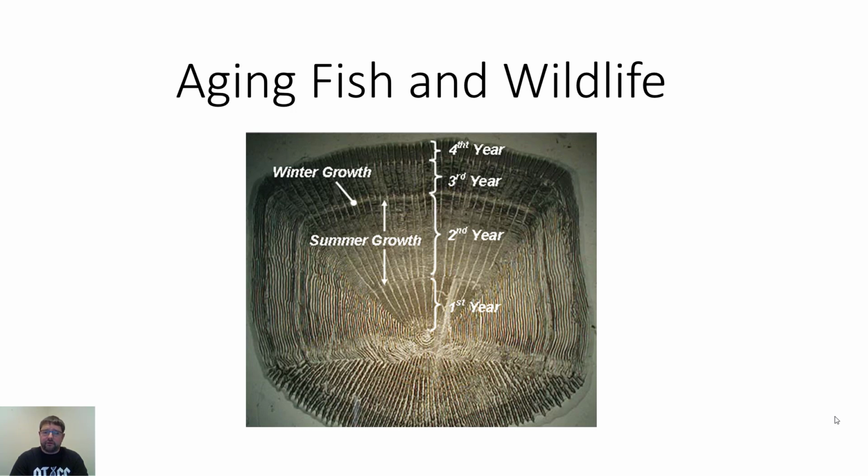Now, there are two types of organisms. There are organisms which we call indeterminate growers, and that means that they actually grow throughout their entire life. So they just keep growing. Things like fish, amphibians, reptiles, these things are indeterminate growers.